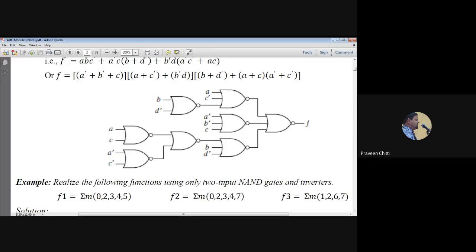As I said, you will go back to that example after I tell you one simple procedure for designing the minimum 2-level NAND circuit and NOR circuit, and then multi-level, and then you should go back to this. That is the reason why I have taken this particular example, right? So now I will give you a simple procedure.